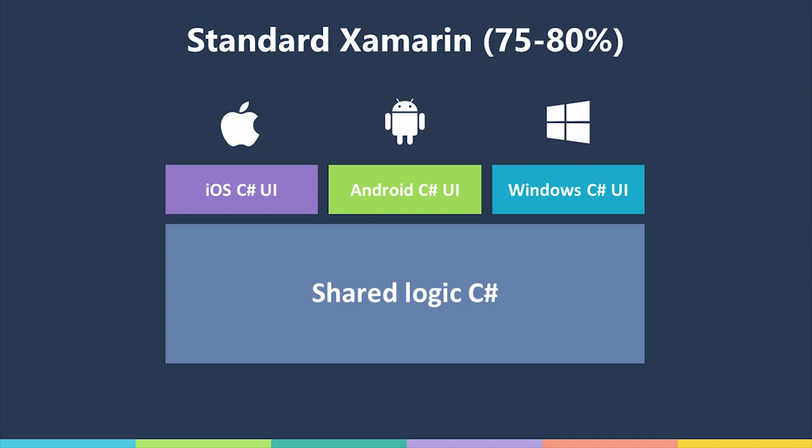We also get most of the shared logic written in C#, which typically includes handling databases, the web service integration layer, and above all, the business logic unit tests, and real-time communication, which we'll focus on at the end of this course. This approach lets you share from 75 up to 80% of the codebase.